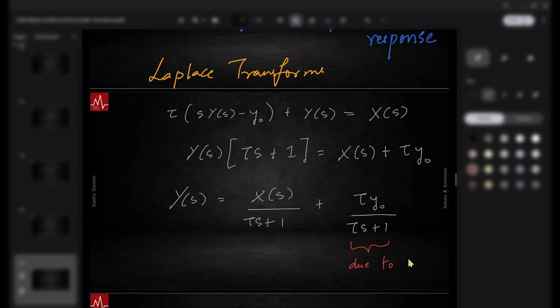Response due to initial condition. Initially, the capacitor is charged, things are non-zero. This is due to input, applied input. Now the two are adding up. That's your total response.